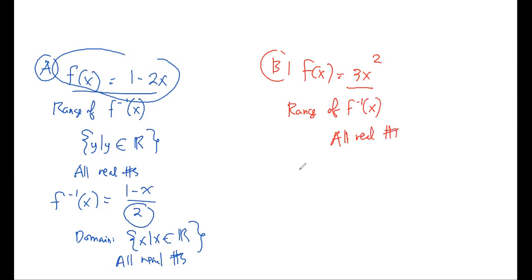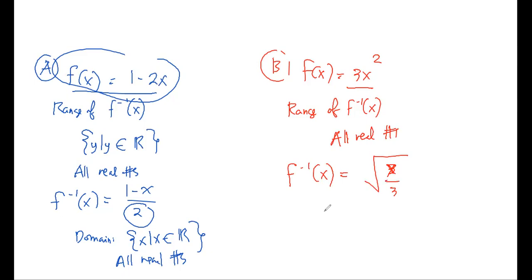How about its domain? We need to solve for the inverse. Its inverse will be, that's x squared, so square root of, that's 3x, so we'll have x over 3.